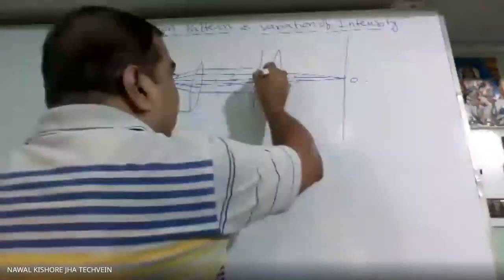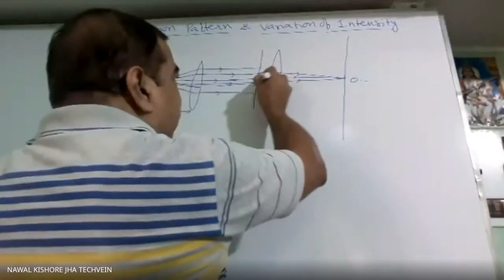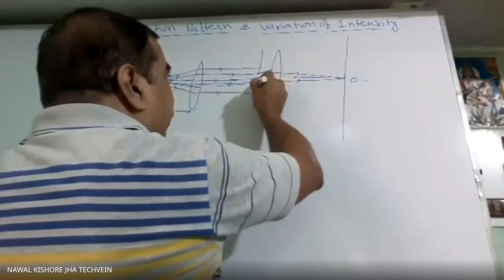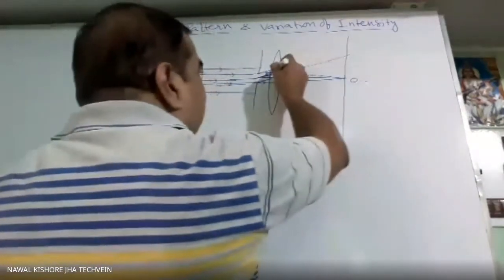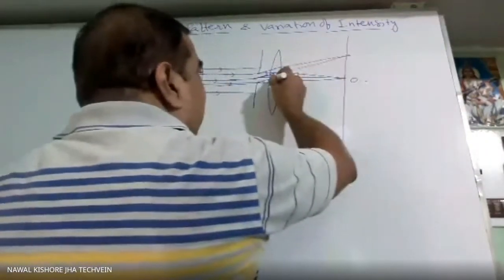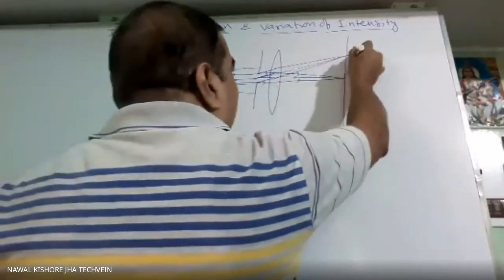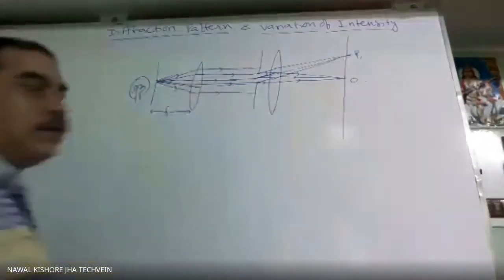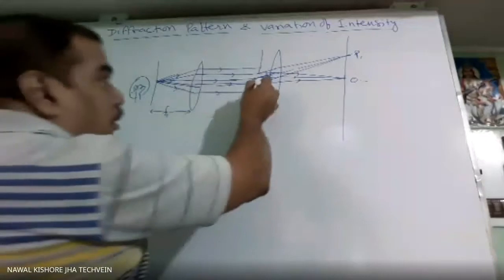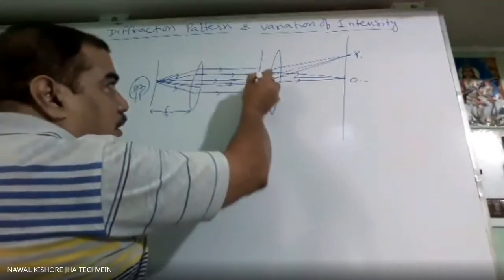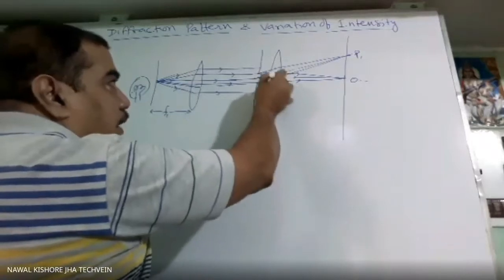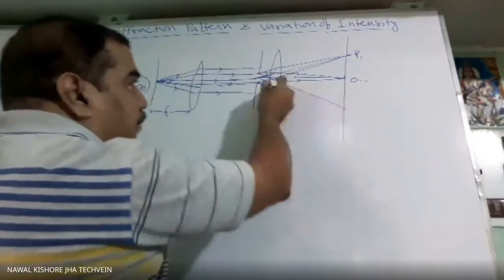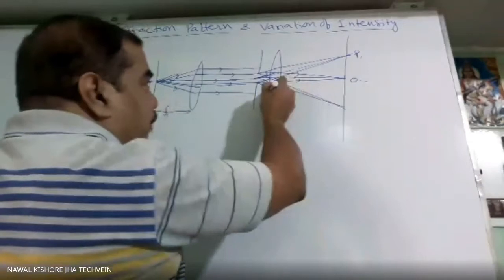The rays diverging at any angle, maybe this way, may converge at any point here. The rays which are propagating in this direction, this way, may meet somewhere here.